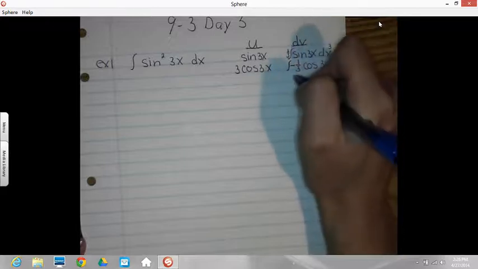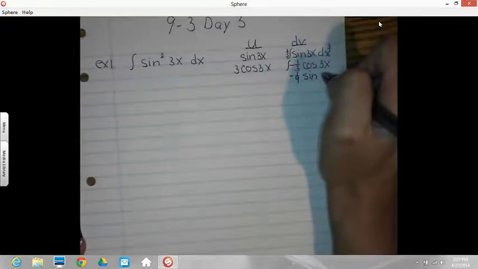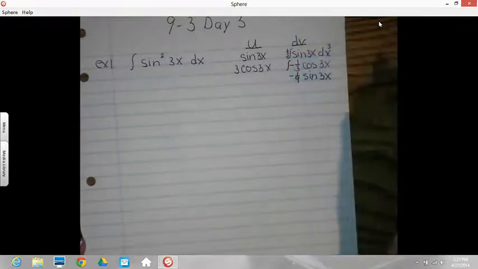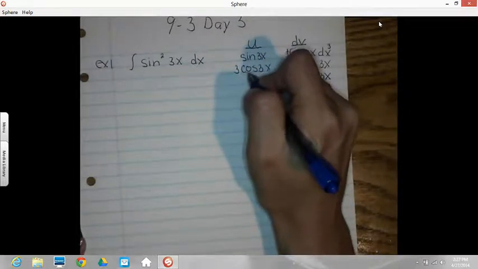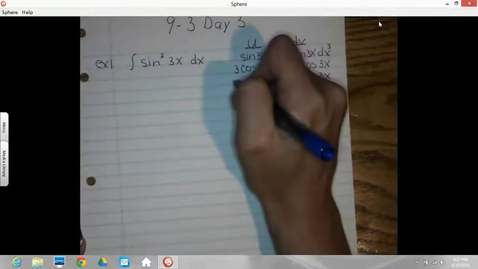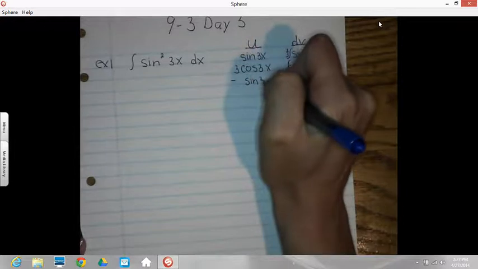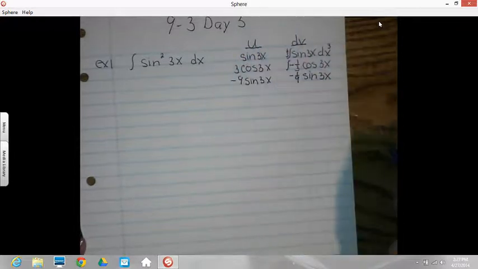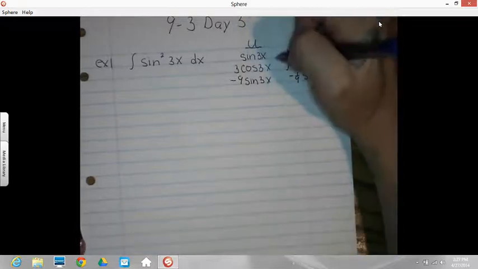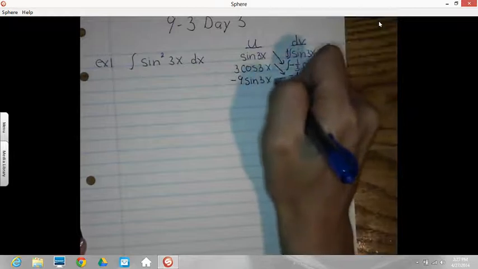I'll have a negative 1/9 sine 3x. Okay, derivative here. I'll have derivative of cosine is negative sine, so negative. Derivative of the angle is a 3 times the 3 I had is going to give me a negative 9.